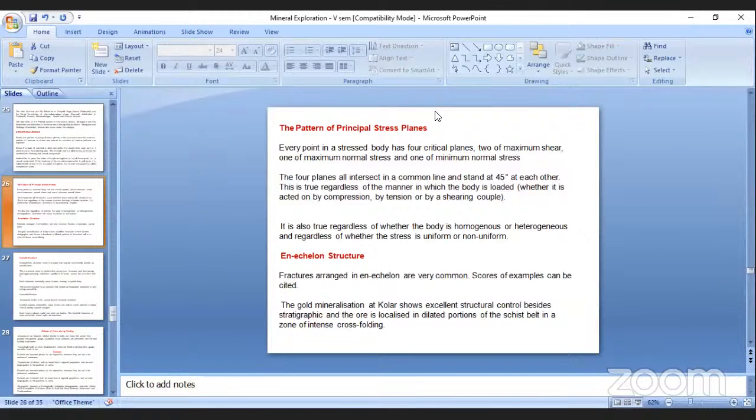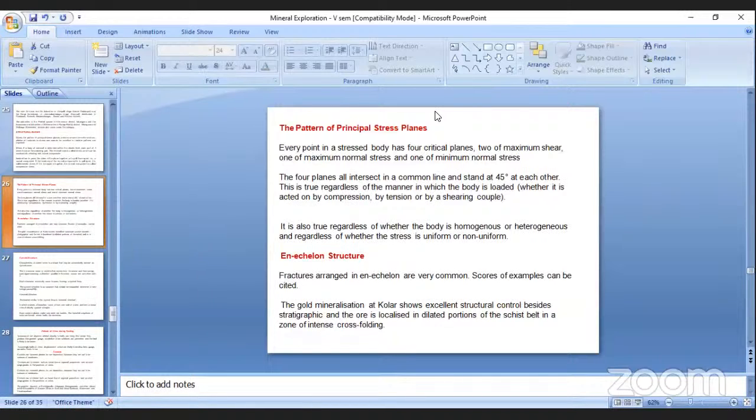If the four planes intersect commonly, they make angles of 45 degrees with each other.